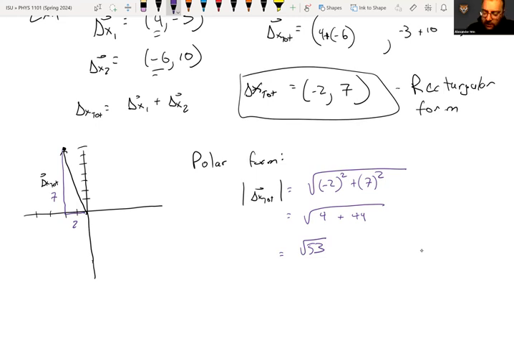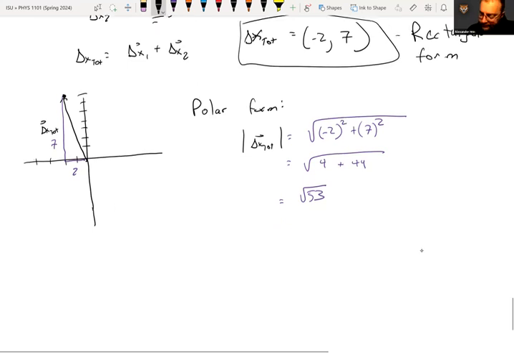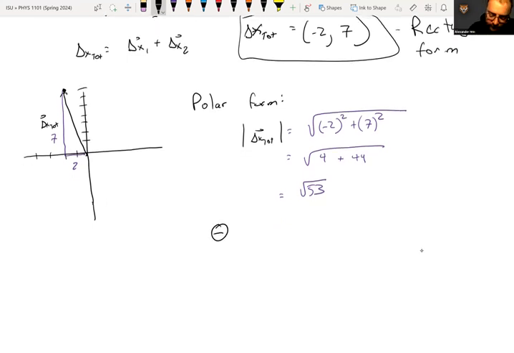Now, here's the thing. If we wanted to find the angle, theta, well, that thing right there I've drawn is going to be theta. The standard way you would do this is you'd take an inverse tan and you do y over x, because that's opposite over adjacent. So 7 over -2. Now, I suspect what you get is like a -74, something like that. Now, here's the problem.